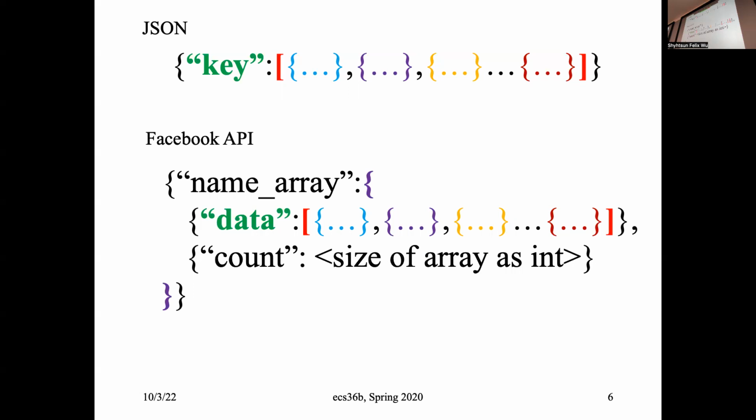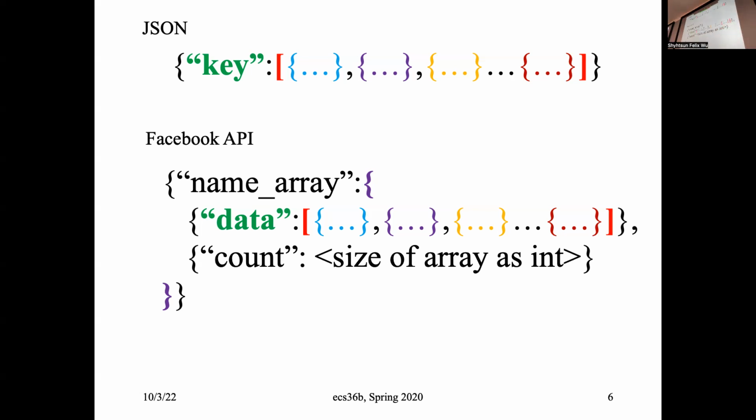If somebody says you have 2 million likes, and you want to represent that and download it to your browser, how do I represent all the likes? I'm using an array. I basically have a data field, and the count says how many likes you have. So the count represents how many elements, and inside the data are essentially 2 million user IDs of people who clicked the likes. That's how they represent it.